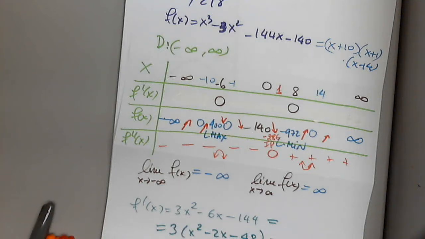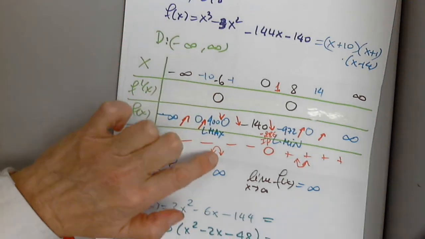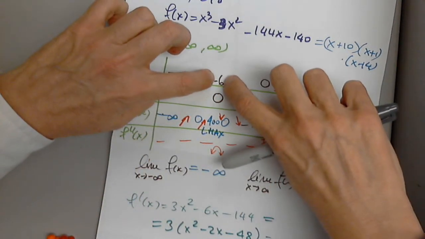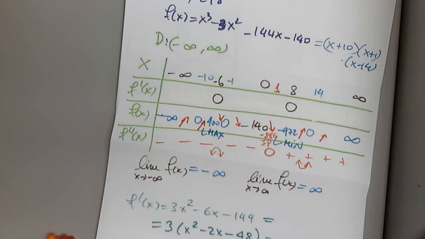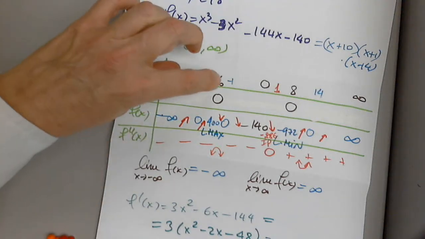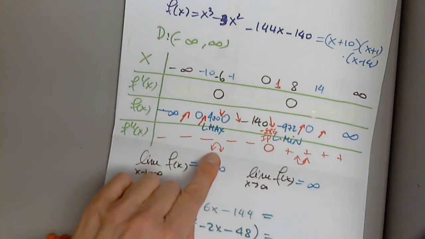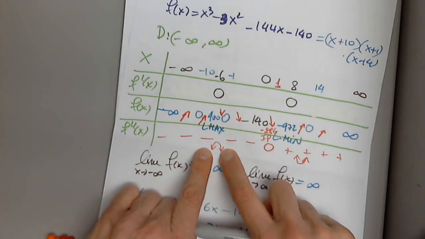Okay, so this is a critical number, and the second derivative is negative. What kind of point will negative 6, 400 be? So the first derivative is 0. The second derivative is negative, which means the function must look like this.